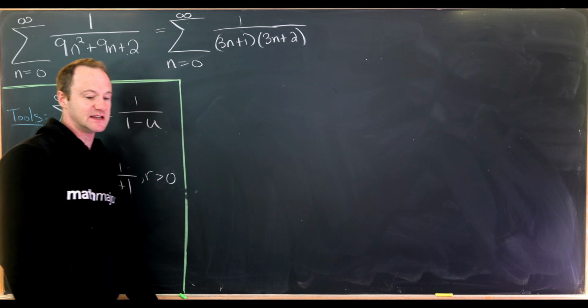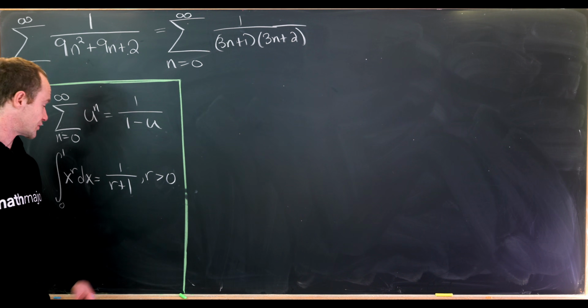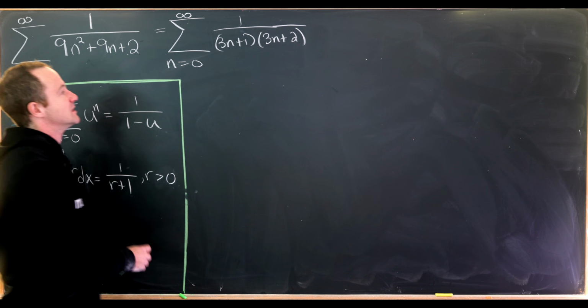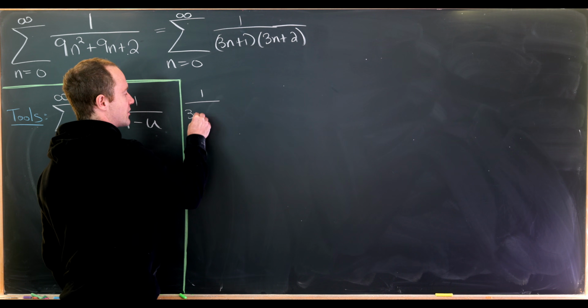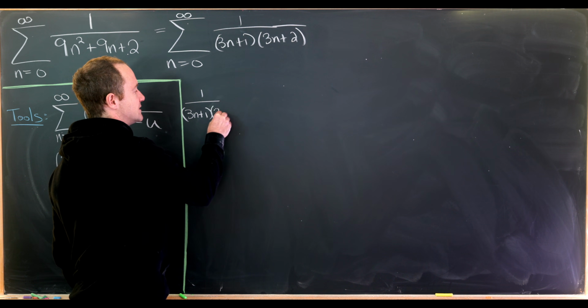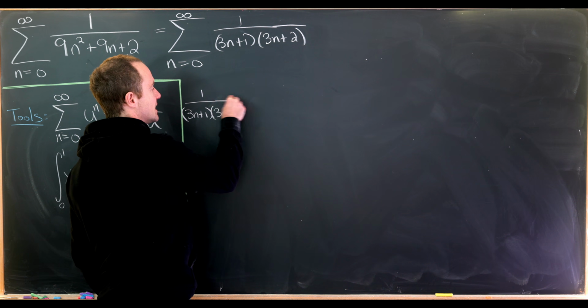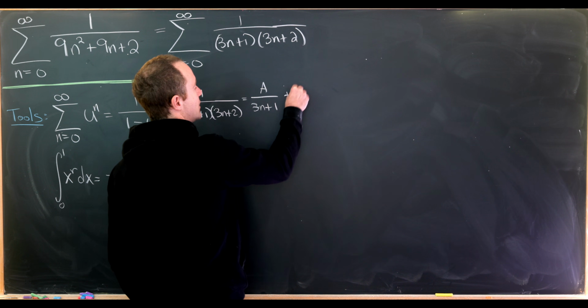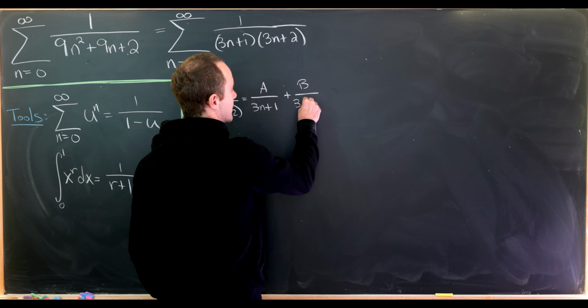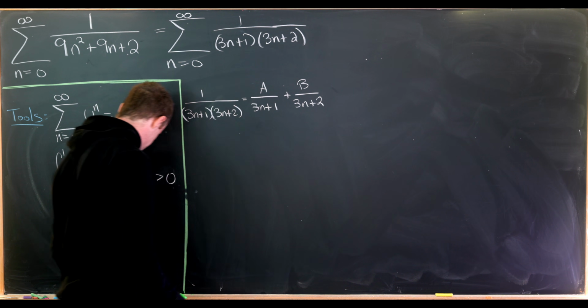And the integration technique here would be partial fraction decomposition. So in particular, what we'd like to do is take this 1 over 3n plus 1 times 3n plus 2 and rewrite it as some number a over 3n plus 1 plus some number b over 3n plus 2.